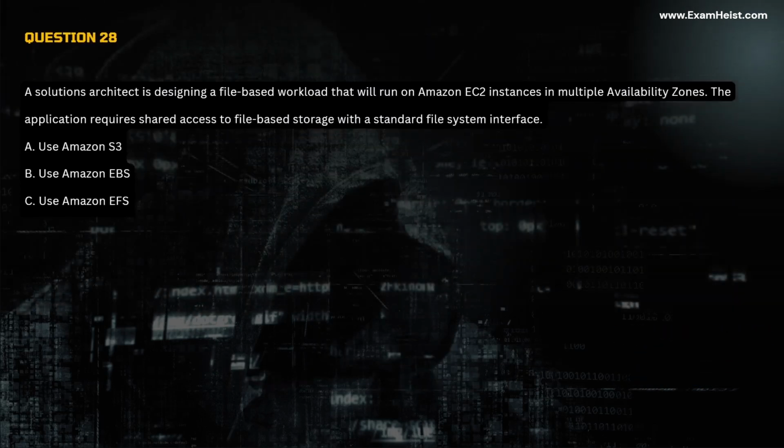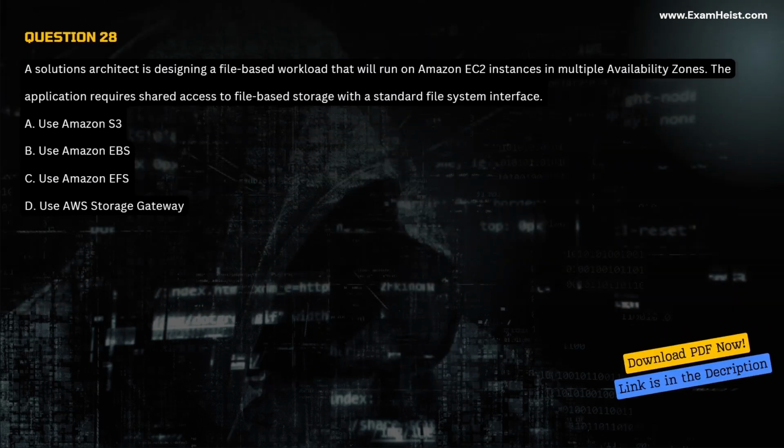Question 28. A solutions architect is designing a file-based workload that will run on Amazon EC2 instances in multiple availability zones. The application requires shared access to file-based storage with a standard file system interface. A. Use Amazon S3. B. Use Amazon EBS.